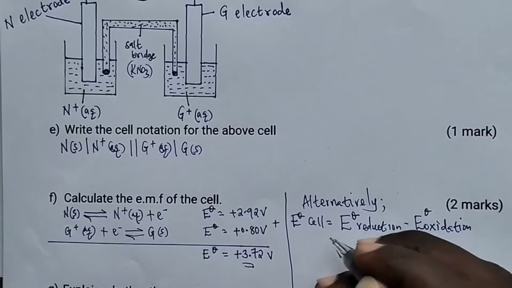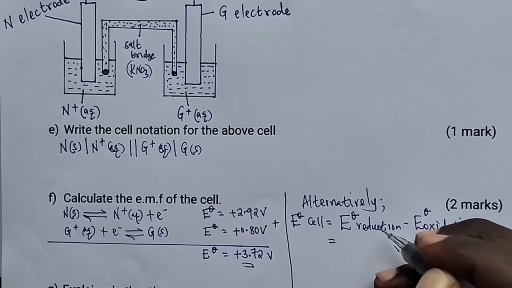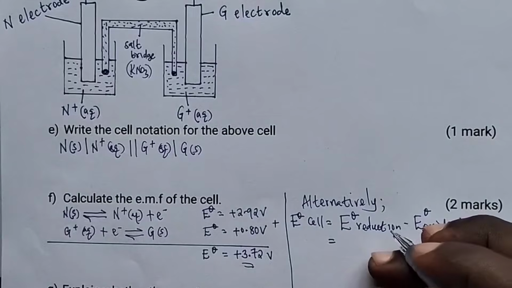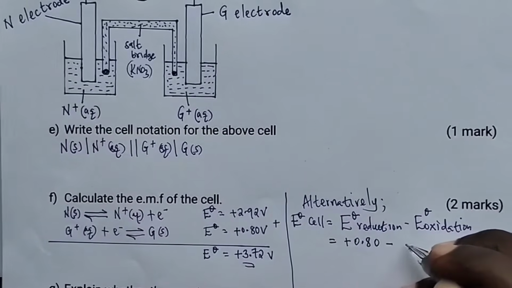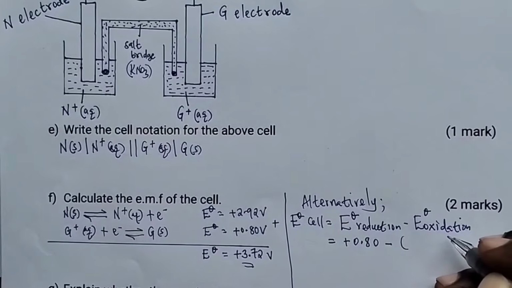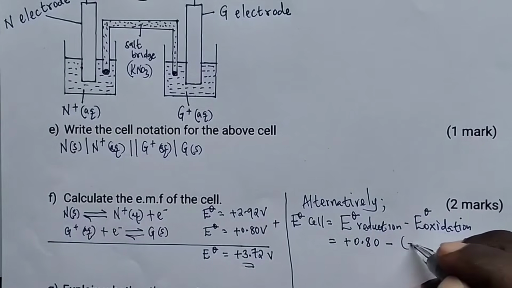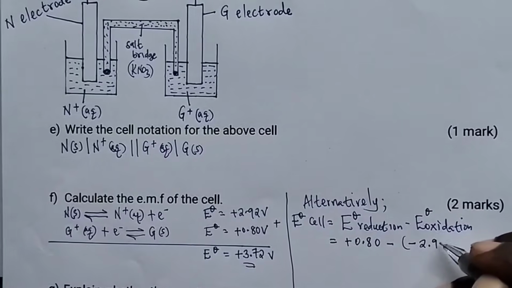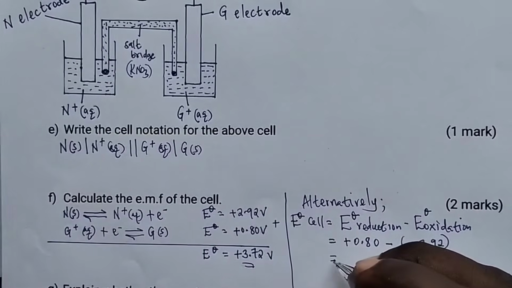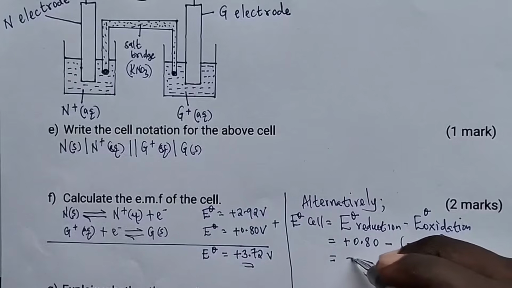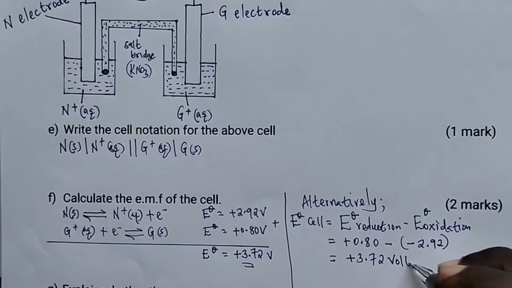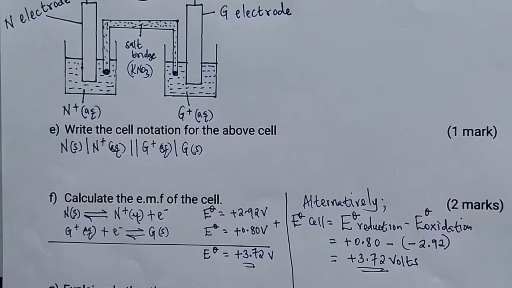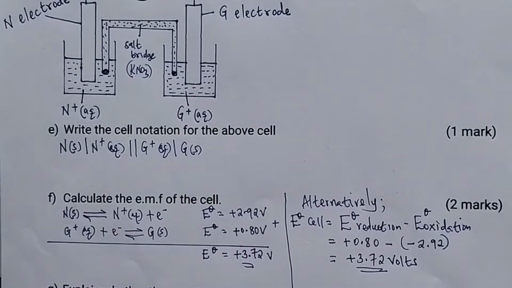The substance that undergoes reduction is the oxidizing agent, which is the most positive, 0.80, minus E oxidation, which is the reducing agent, the most negative, 2.92. So when we add these values, we still get positive 3.72 volts. So that's how we calculate the EMF of the cell using these two methods.